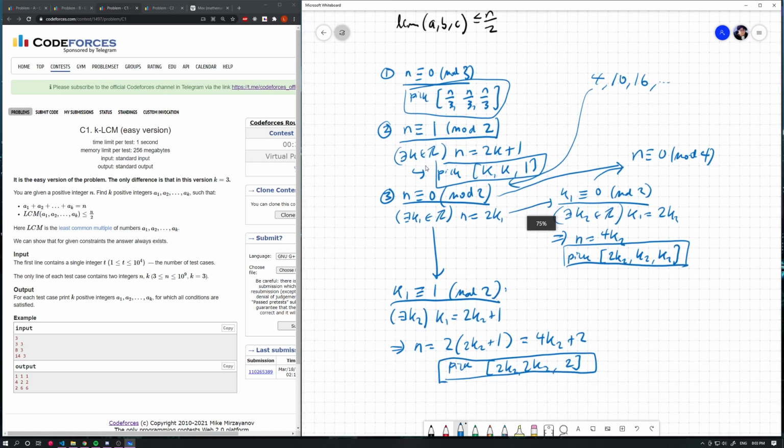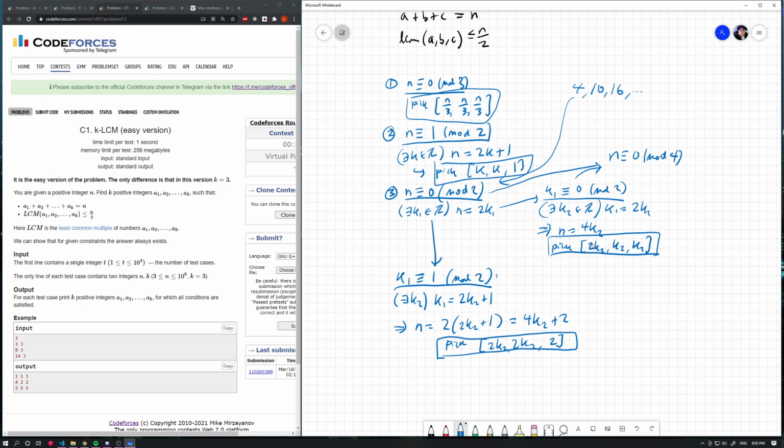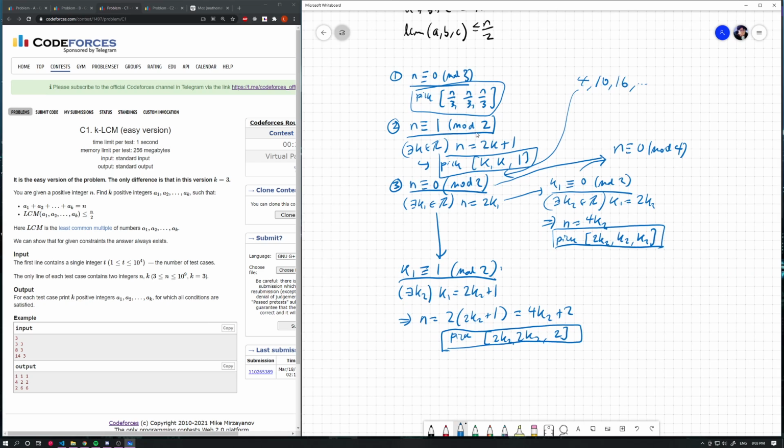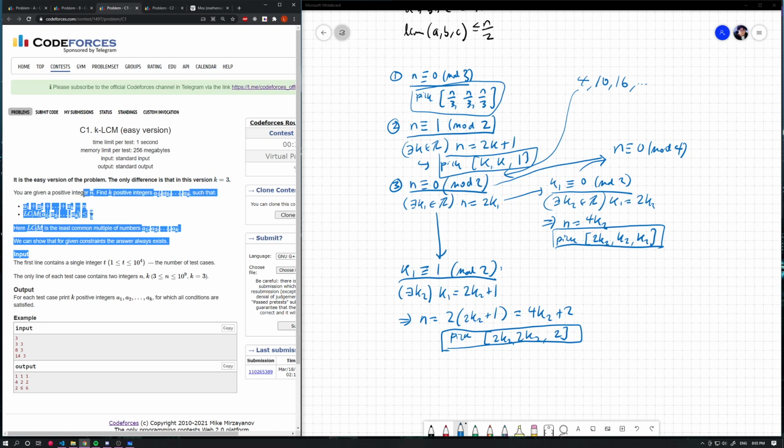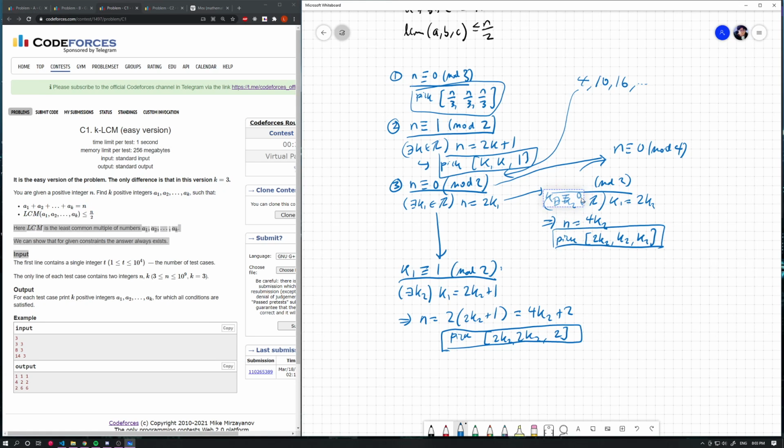And having walked through all of these cases, these are the 4 cases that the answer can be in, and the 4 choices that you can make while ensuring that the conditions in the problem hold.